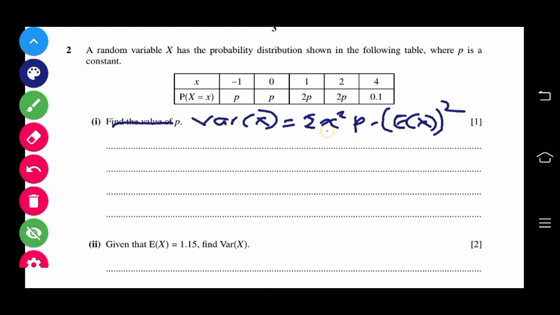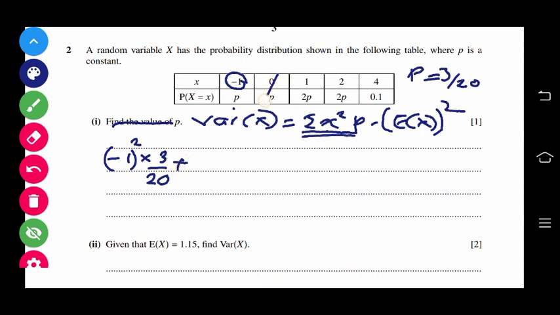So here x represents -1, 0, 1, 2, 4, and p we already calculated as 3 over 20. First we have to find sigma x squared p. So when we calculate it, first value is -1, so -1 squared into p. P is 3 by 20, plus 0 squared into p gets cancelled.